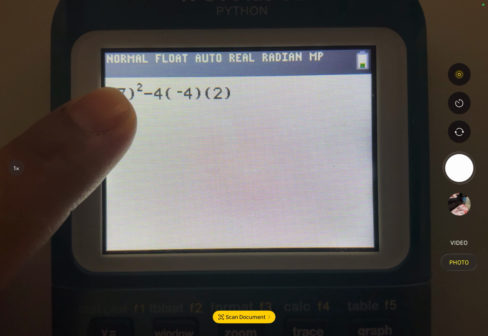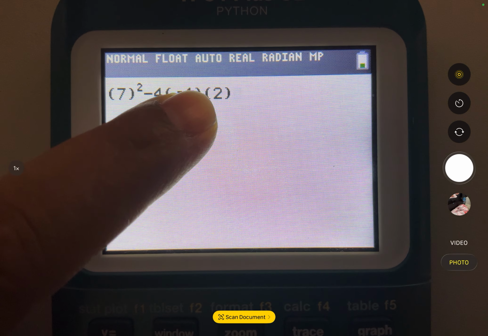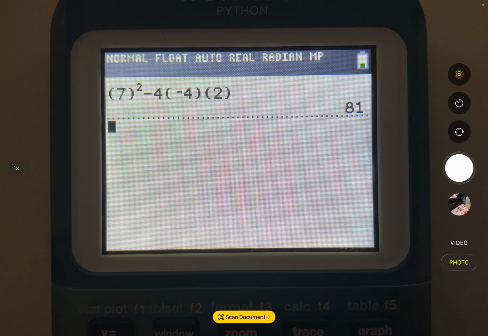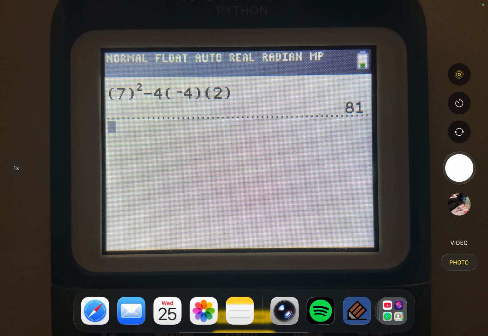So 7 squared minus 4 times -4 times 2. I got 81, and you should get 81.